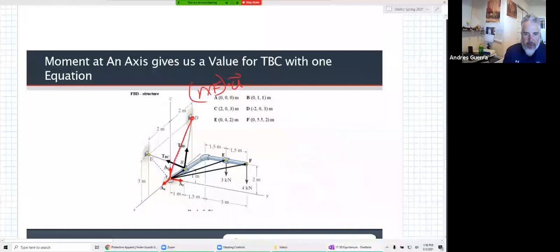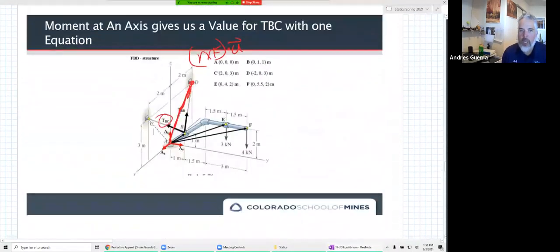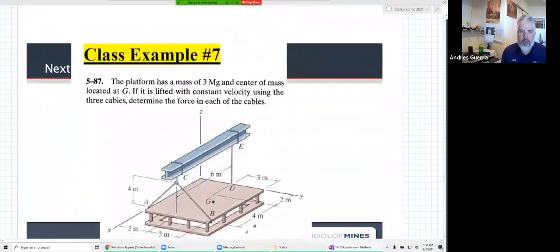That axis from A to D, for example, would get rid of all of our unknowns except for TBC. So we can use the moment about an axis on these problems. The moment about an axis on your homework problems is not relevant. I just wanted to point out that it's another approach.